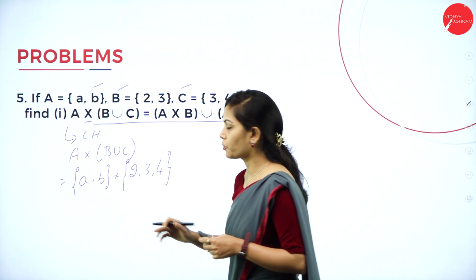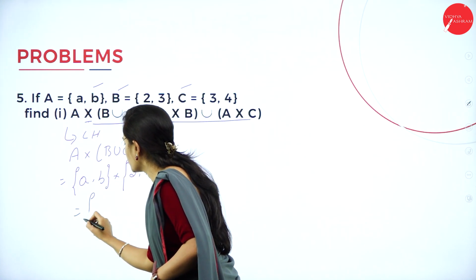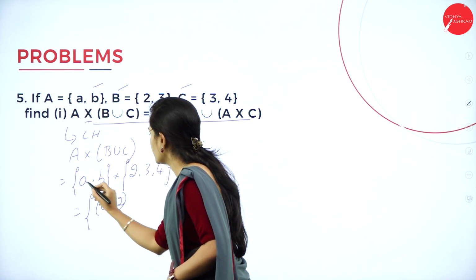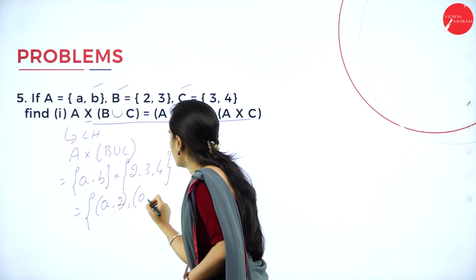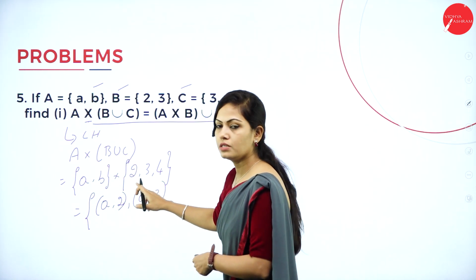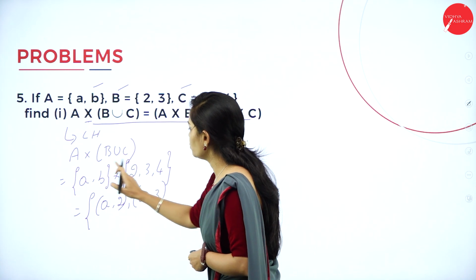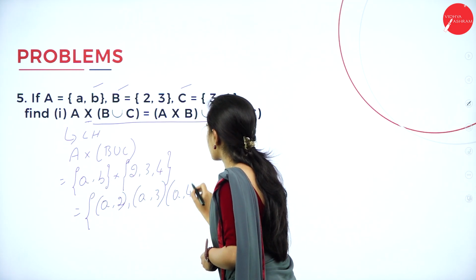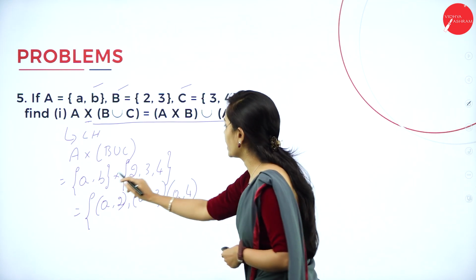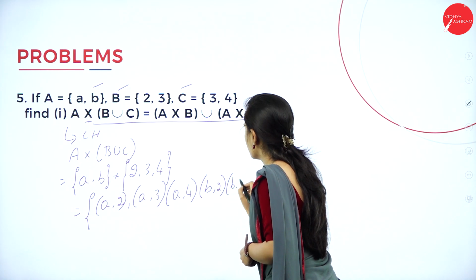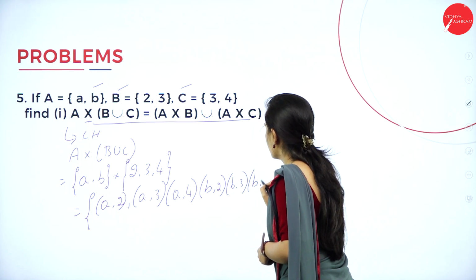Now you have to find out A cross B union C. This is a Cartesian product. So what is a Cartesian product? First element you have to compare with the second set elements: (a,2), (a,3), (a,4), and again (b,2), (b,3) and (b,4).